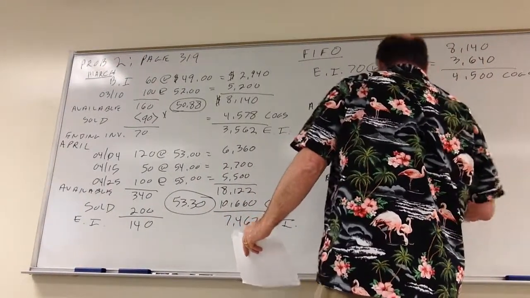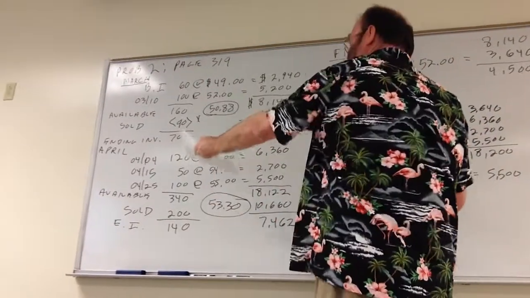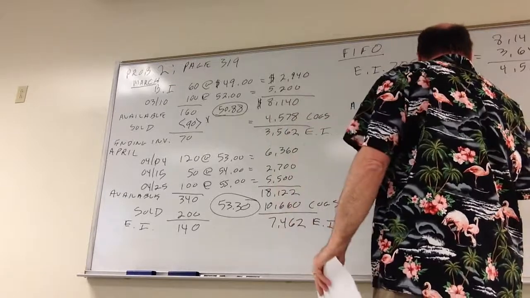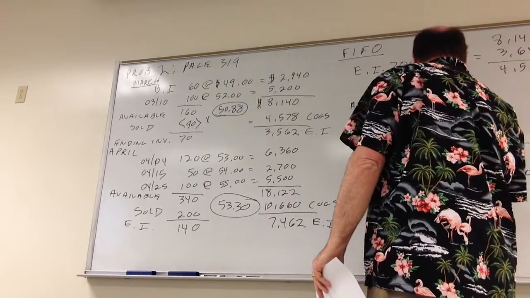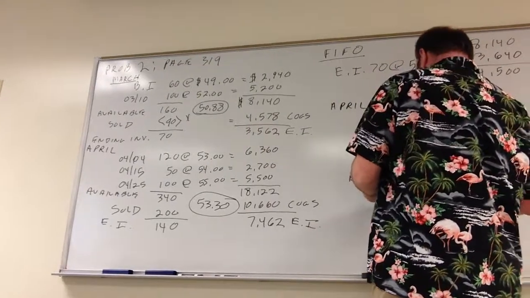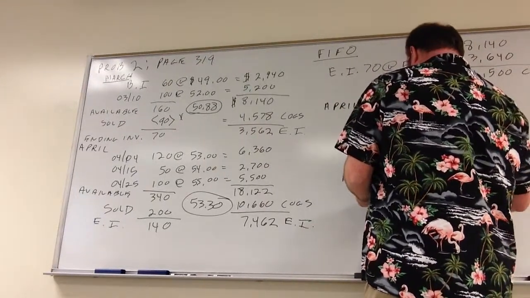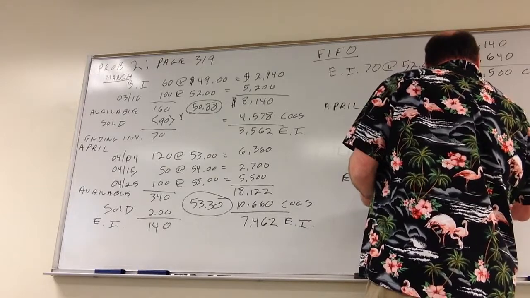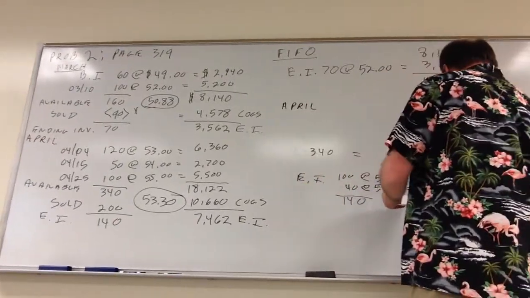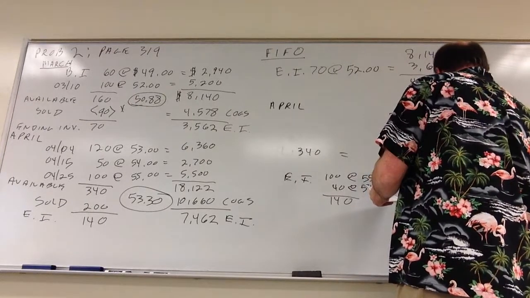You guys are getting this. And we got 40 left, and that had to have come from that April 15th purchase at 54. And that's 2,160. That's a total of 7,660.